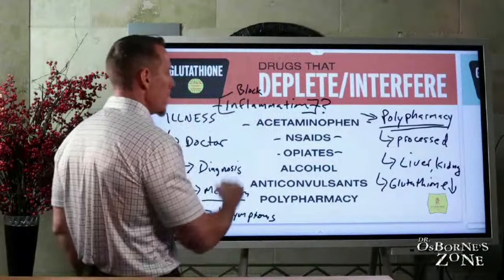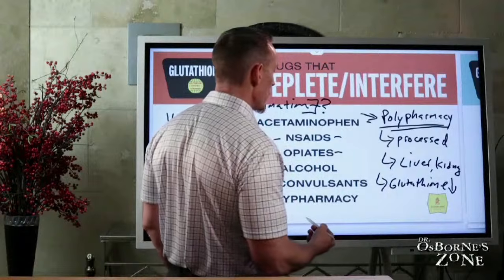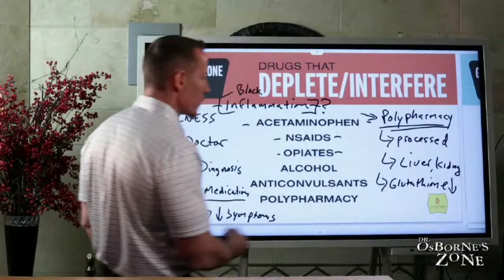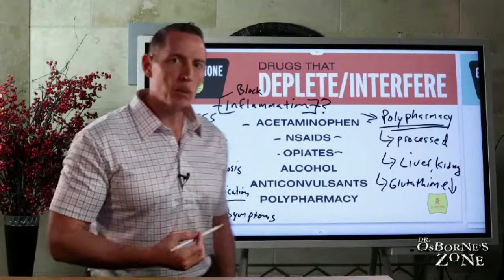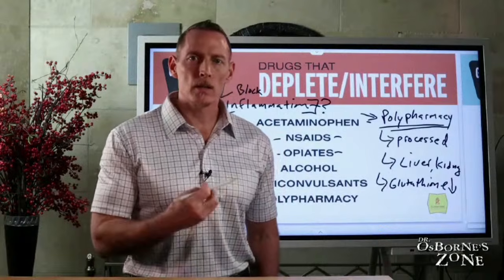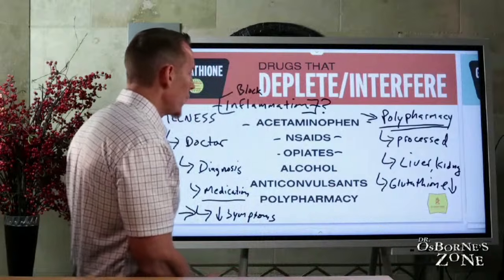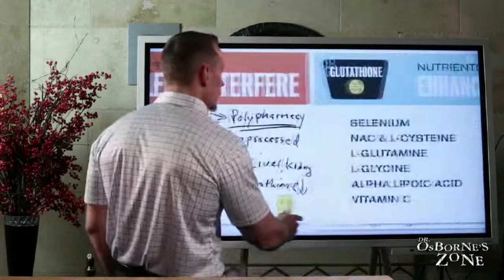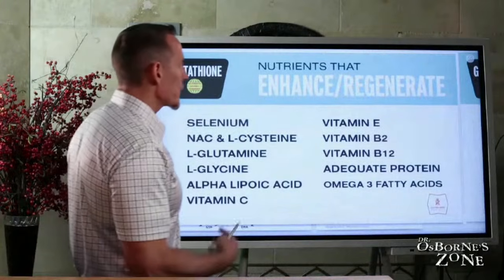You'll never win in this situation where you're using multiple medications to treat your symptoms. It's also important to understand that these medications drive down your glutathione and thus potentially accelerate the aging process and reduce your body's capacity to cope with inflammatory stress. So it's very, very important that you understand that. Now, as I said earlier, your body makes glutathione.